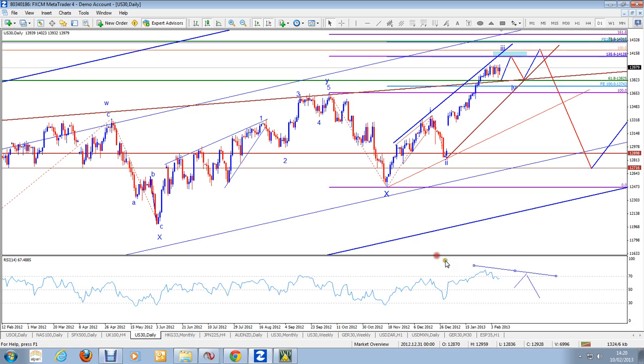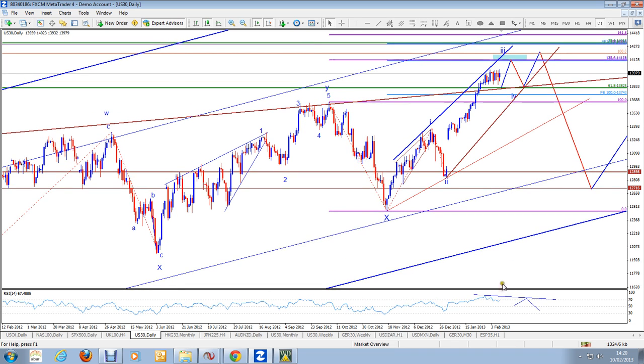Fridays and Mondays often mark the high and low of the week. So I suspect that if, for example, on Monday we continue to stagnate sideways, then it's possible on Friday we could finish up scoring a high and then making a retracement the following week. So that's what I'm currently looking at for the Dow Jones.